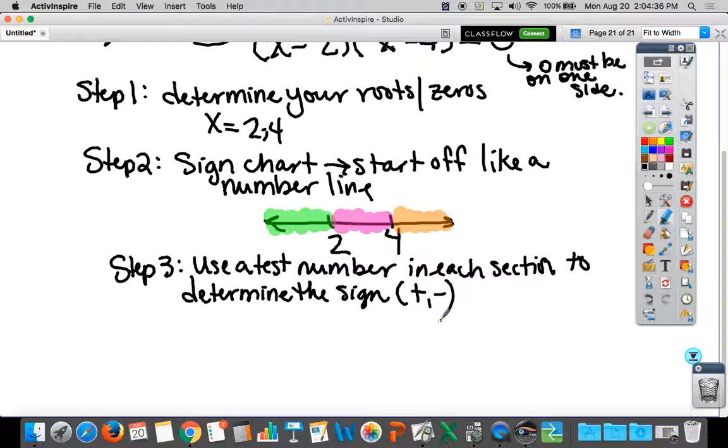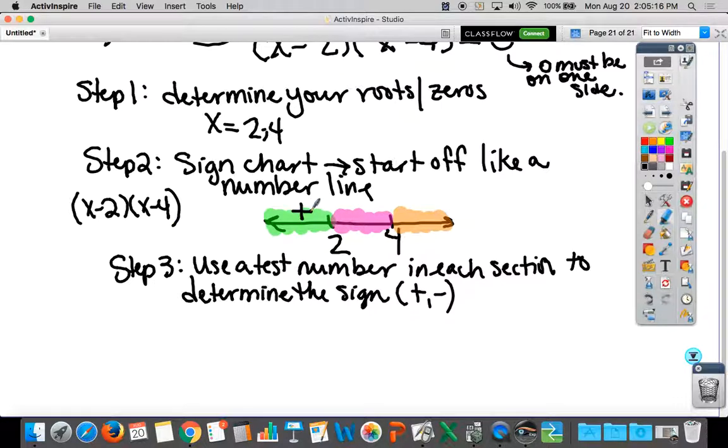Now, if I'm looking at this as a number line, I want to test a number that will be in the green. What pretty easy number will be in the green? 1. So store 1 as x, and you want to type in x minus 2, x minus 4. You want to type in the original problem as it was written. Now, I do not care about the number. I care about the sign. What was the sign here?